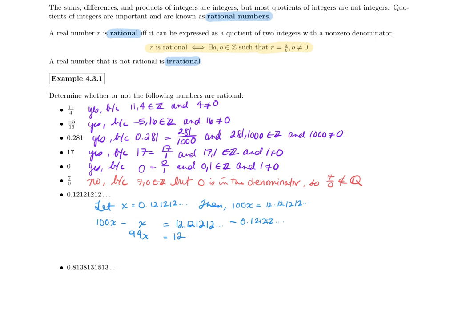So here now we can solve for x and say then x is 12 over 99, where 12 and 99 are both integers, and 99 isn't 0. So the answer is yes, it is rational. Will this work for all decimals?